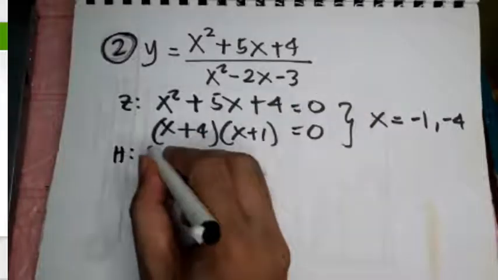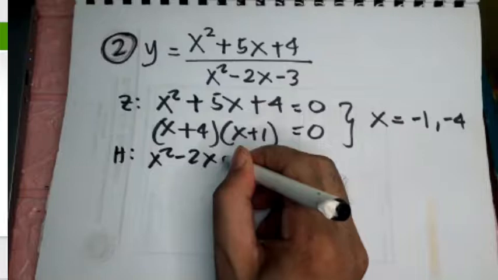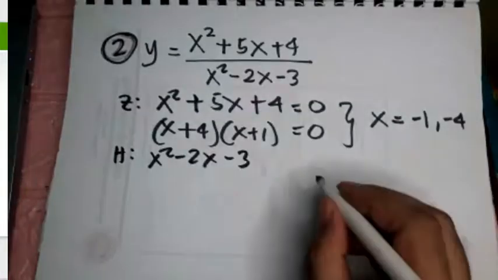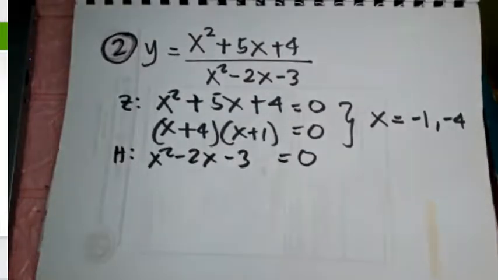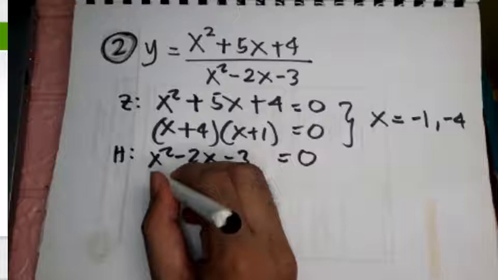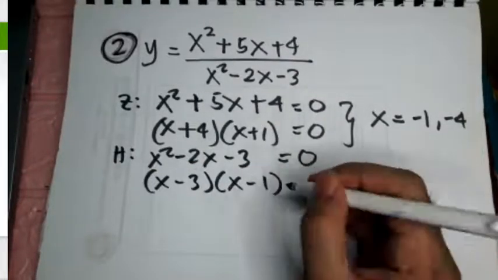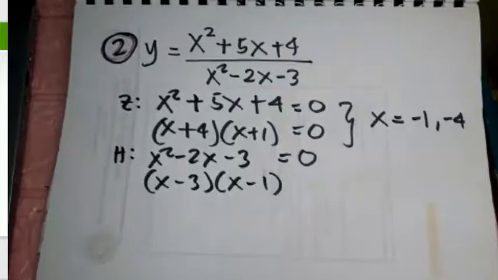The denominator, x squared minus 2x minus 3. So, we have to equal it to 0, and that is actually x minus 3 and x plus 1, no? x minus 3 and x plus 1.